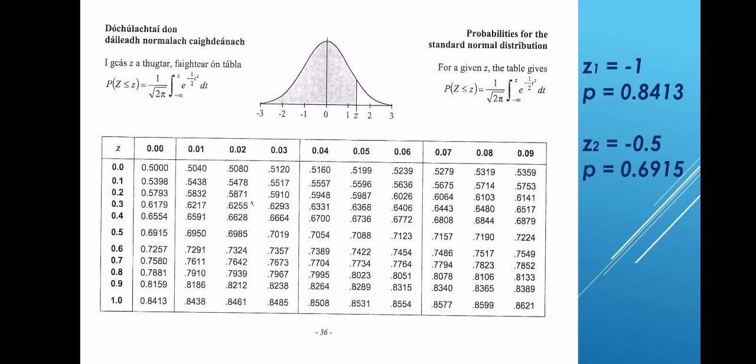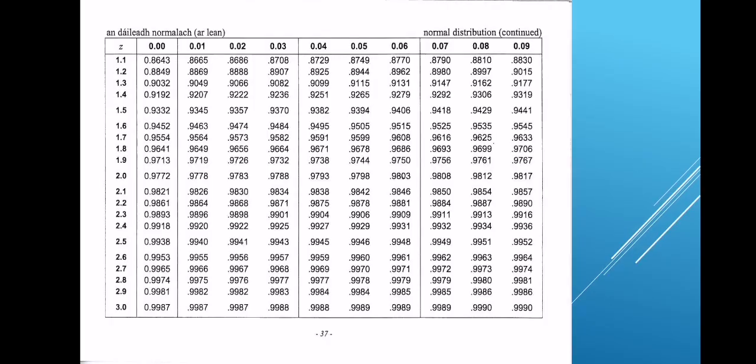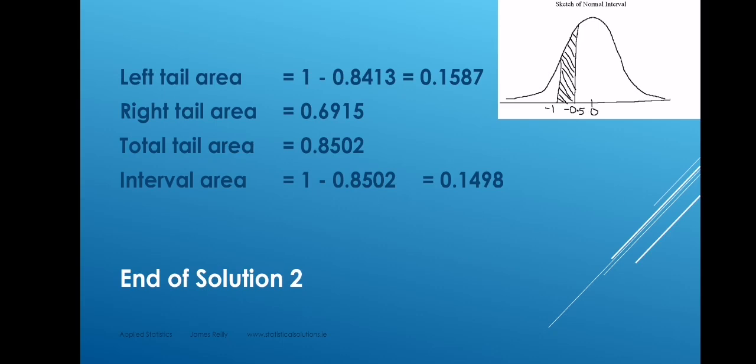So the tables suggest 0.8413 for our left tail area, and for z2 we have minus 0.5, and the table suggests 0.6915 as the probability corresponding to a z-score of minus 0.5. There's the second page of the tables if it's needed. We don't need it on this occasion.